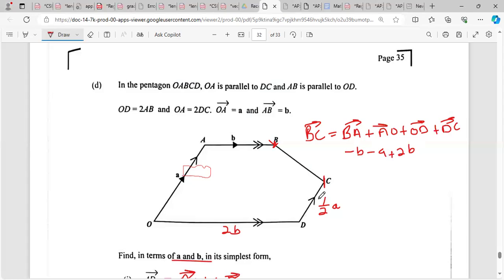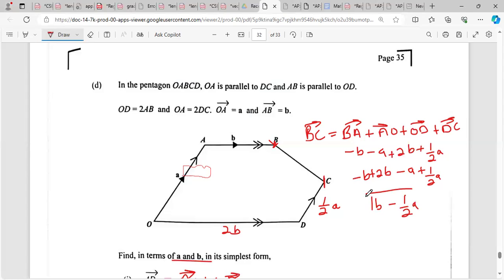And this one, we're going with the arrow, so that's plus half A. All we have to do is group the like terms: negative B plus 2B, and minus A plus half A. That gives us B, and a negative half A.